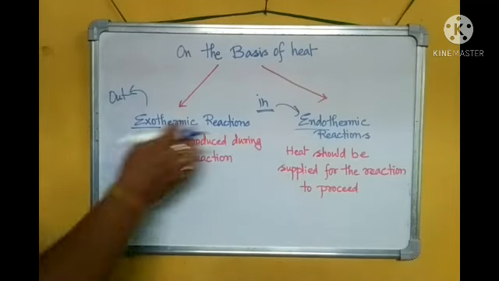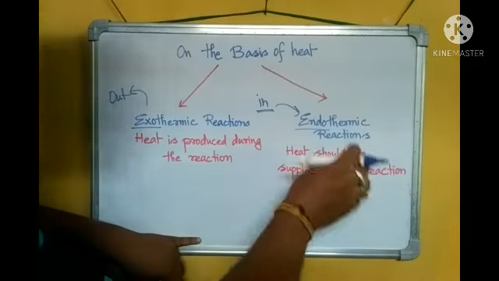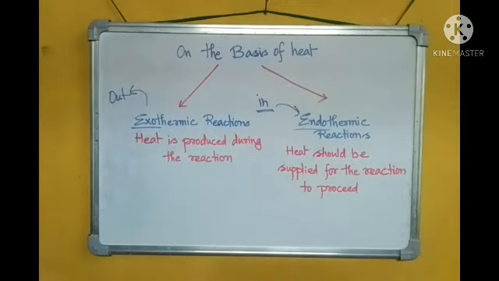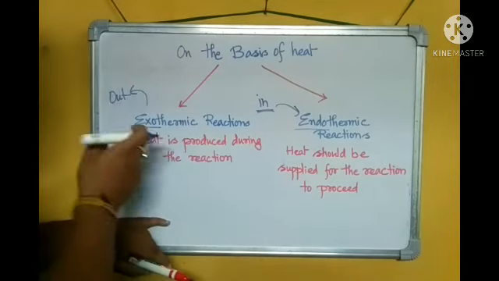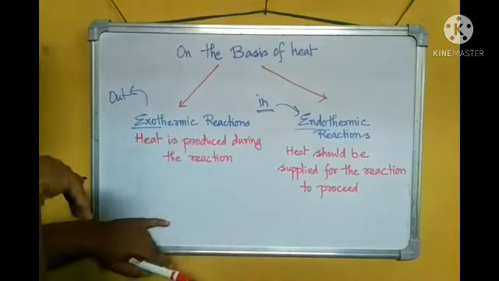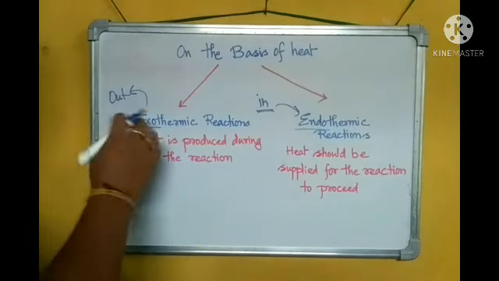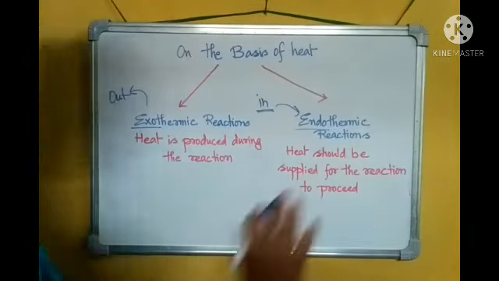But in some reactions there are two reactants and we heat them so that the reaction proceeds. So we are supplying heat into the reactants, whereas in the exothermic case heat comes out after the reaction starts. Exo means heat comes out and endo means heat is given to the reactant.